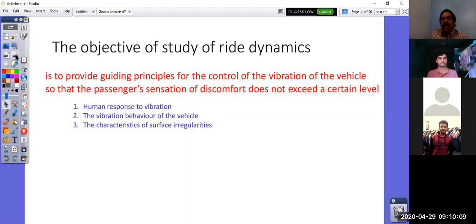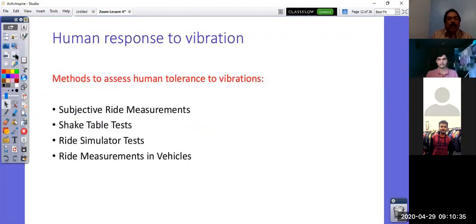That means the discomfort level should not cross certain defined boundaries. So in order to meet that objective, we need to have a fundamental idea about human response to vibration, the vibration behavior of the vehicle, and the characteristics of road surface irregularities. So with that, we have marched ahead, looking at them one by one.